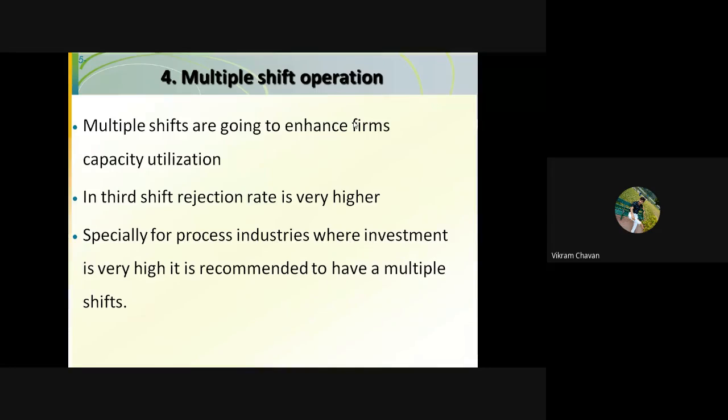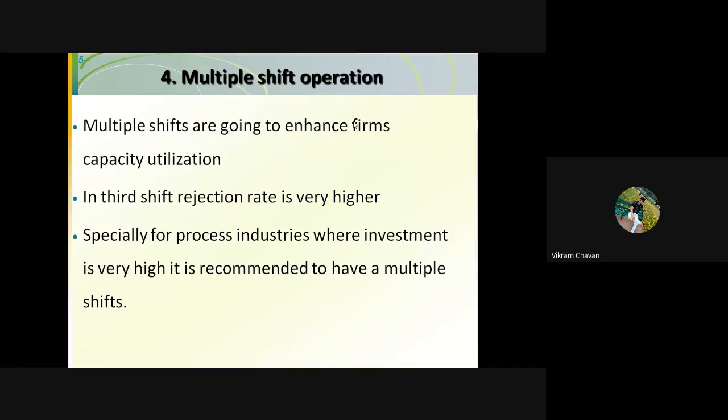If you are producing 100 components in one shift, then if the company works in two shifts there will be 200 components, and if the company works in three shifts there will be 300 components. So multiple shift operation is enhancing the capacity of any firm.